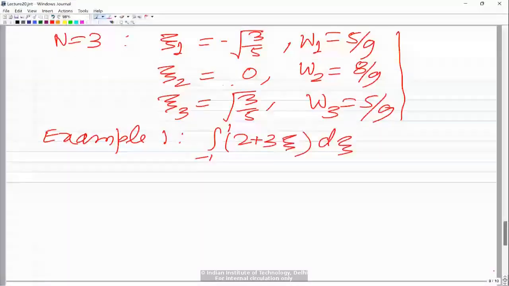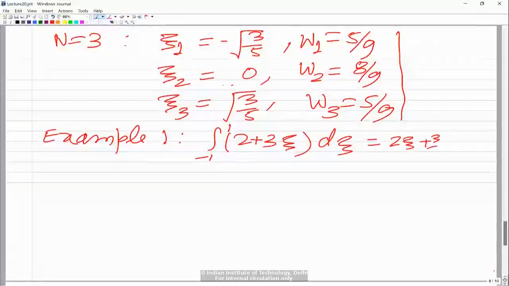The first term would be 2 xi, and the second term would be 3 upon 2 xi square, with the limits -1 to +1. If you put the limits, the second term would be 0, so we will only get 4. But we want to evaluate this numerically.